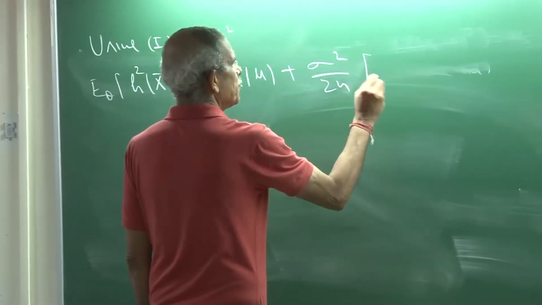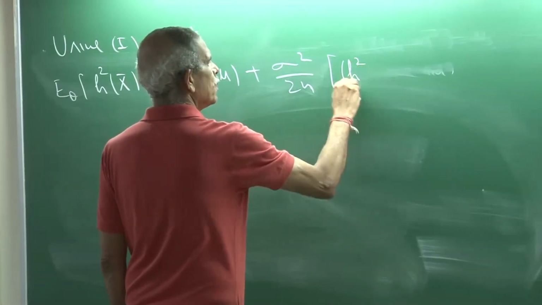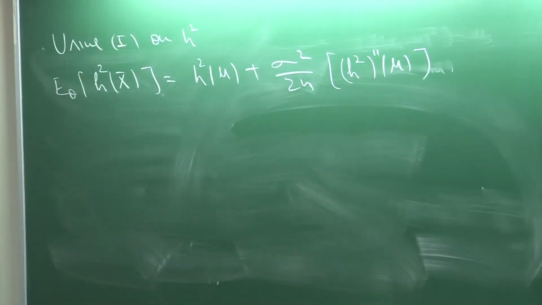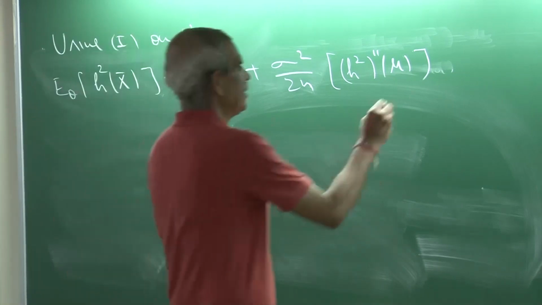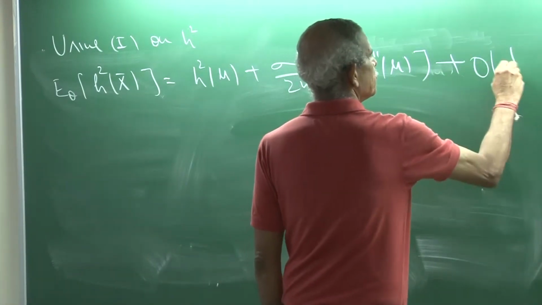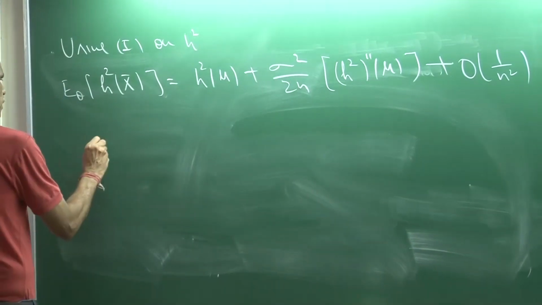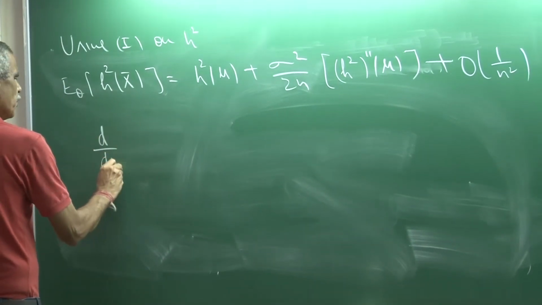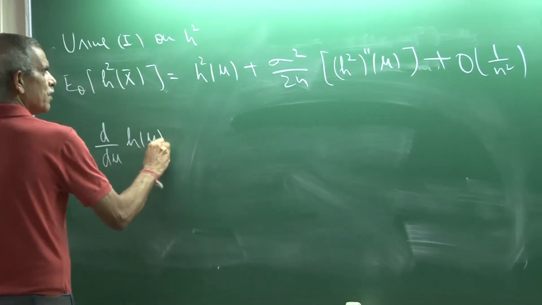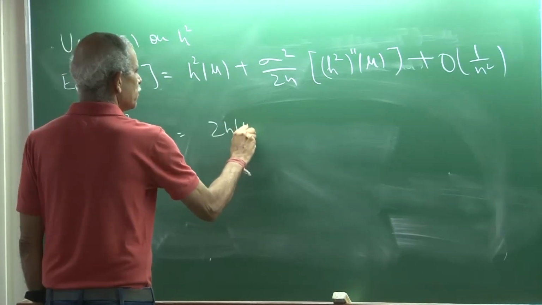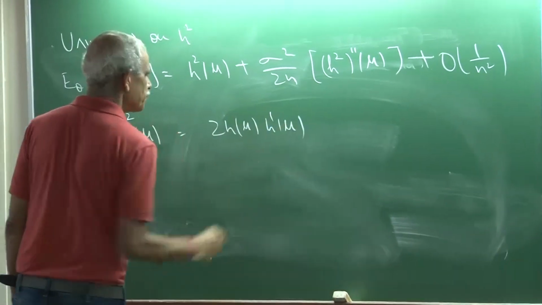So I need to find the double derivative of h square, and then plus little o of 1 by n square. So d by d mu of h square mu is the same as 2 times h mu into h prime mu.